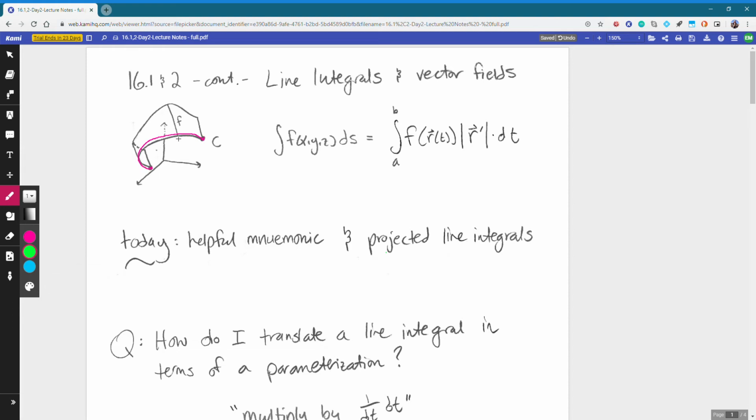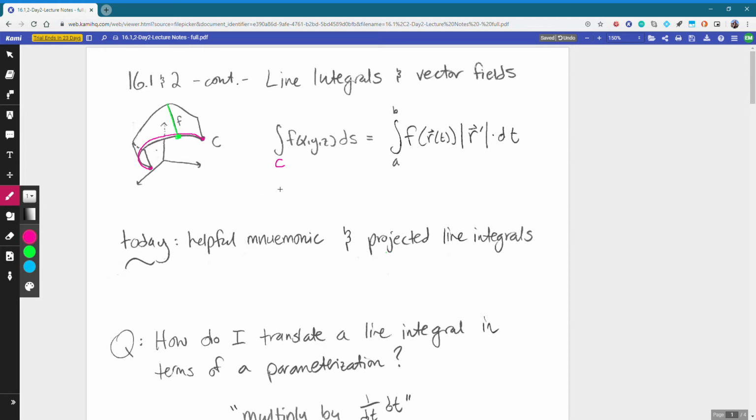At each point, in this case x, y, z, we have a function value, and we can stand up a stick with that height. If we do that for every single point on this curve, we create a ribbon that's attached to our curve. And what this line integral over our curve is looking to compute is the net area of this ribbon once we've taken our curve and laid it out flat.